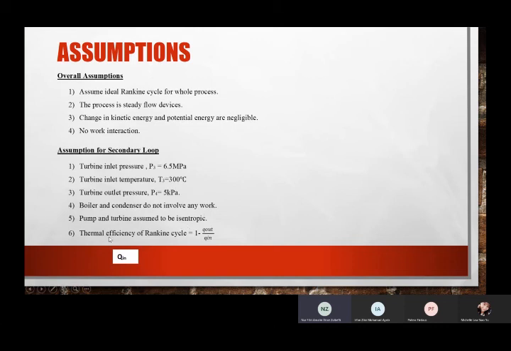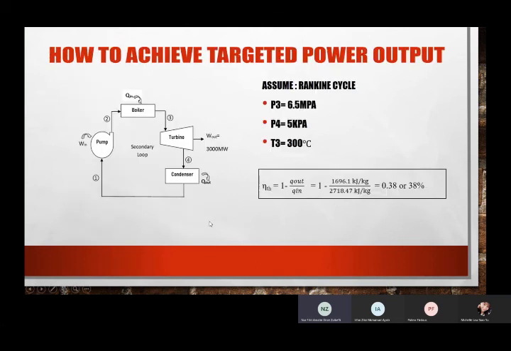The thermal efficiency of the Rankine cycle equals 1 minus Q out over Q in. The process is assumed to be a Rankine cycle. In our design of the secondary loop, we assume the inlet pressure of the turbine P3 to be 6.5 megapascal, while the outlet pressure of the turbine P4 is assumed to be 5 kilopascal, as the turbine will give higher efficiency in the outlet pressure range of 2.5 to 7.5 kilopascal.